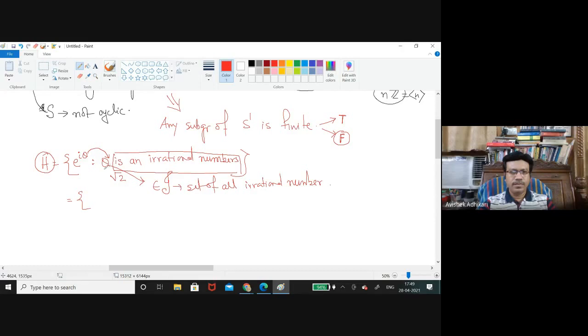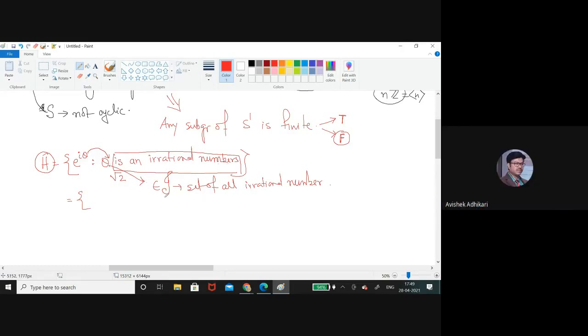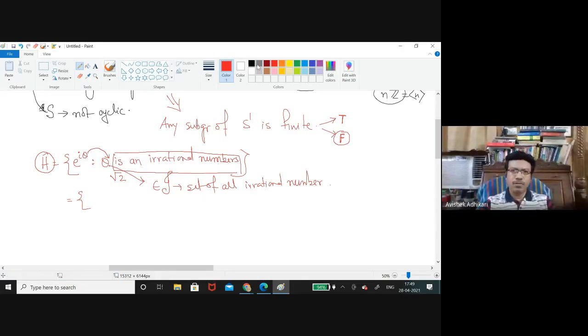So you have constructed a set, no doubt. Now tell me what would be the identity element of H. Its elements should look like e to the power i root 2, e to the power i root 3, e to the power i root 5, e to the power minus i root 5, and so on, right?